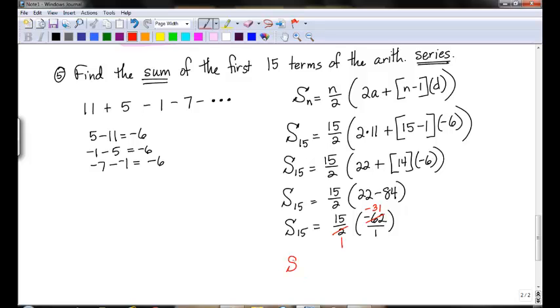Then you multiply 15 times negative 31, and you should get negative 465. And that's the sum of the first 15 terms of that arithmetic series.